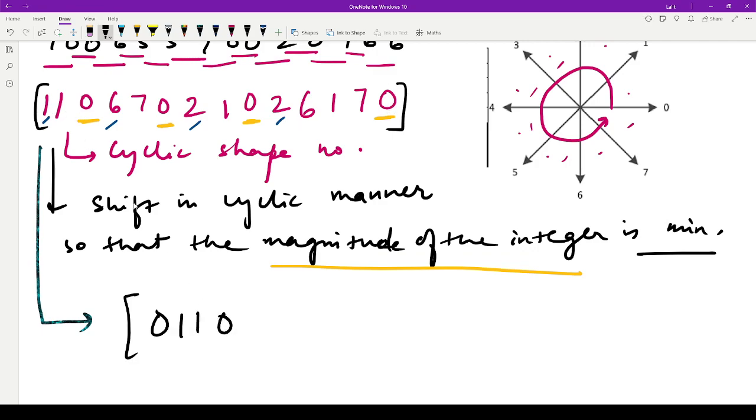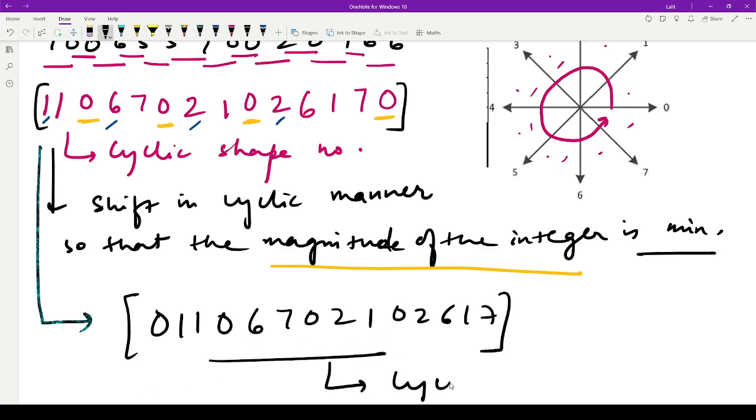So your minimal number will be this. So this is the cyclic shape number because this has the minimum magnitude out there. Is everyone fine with that?